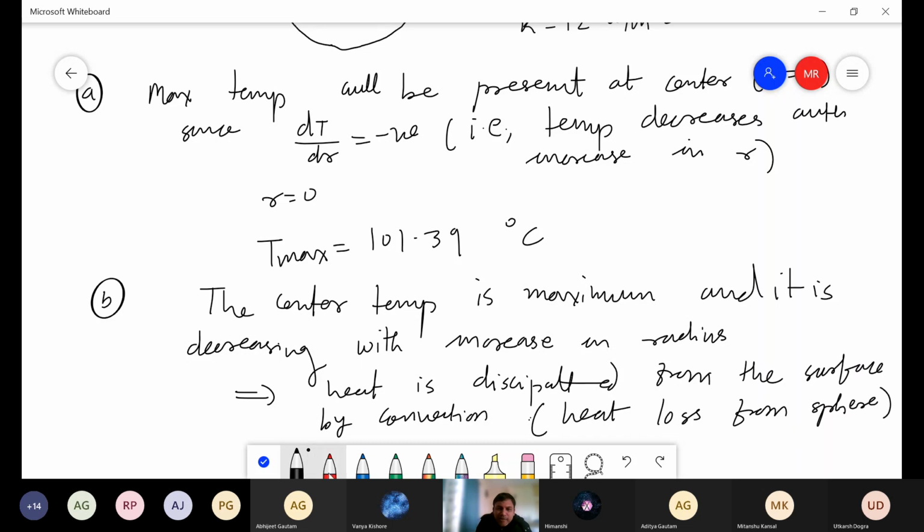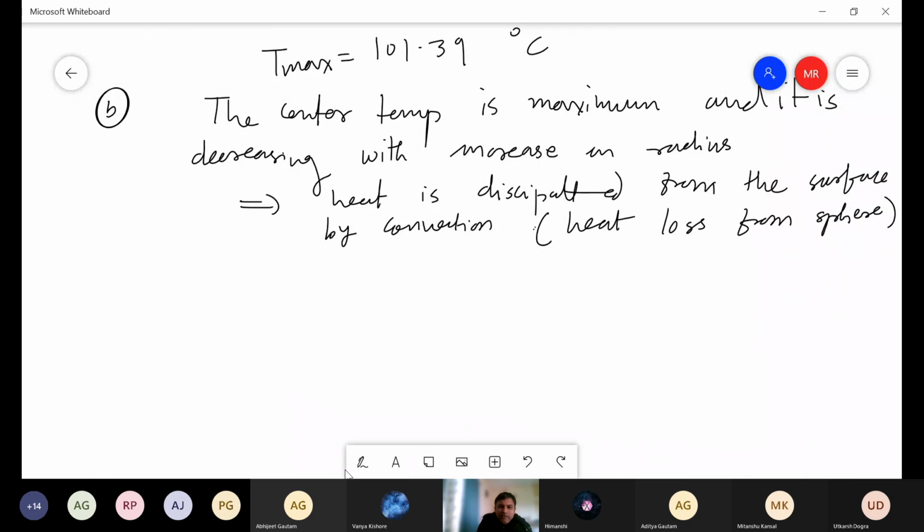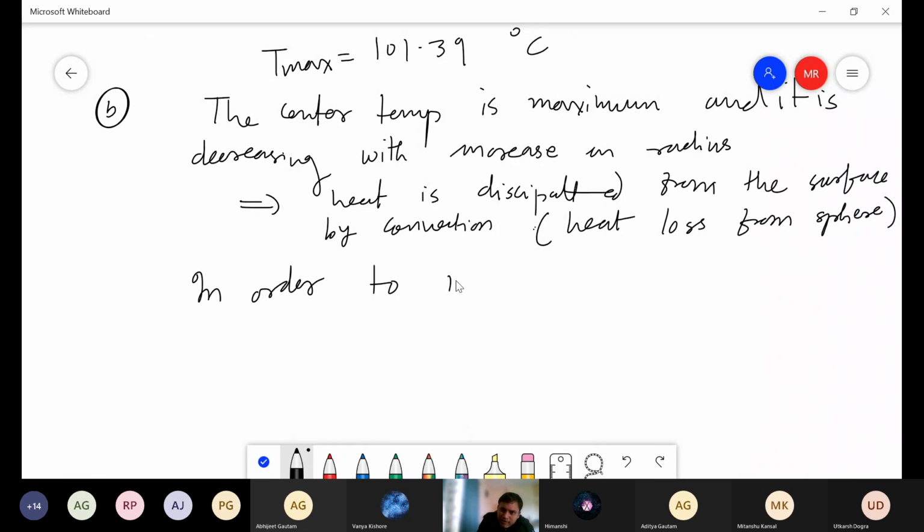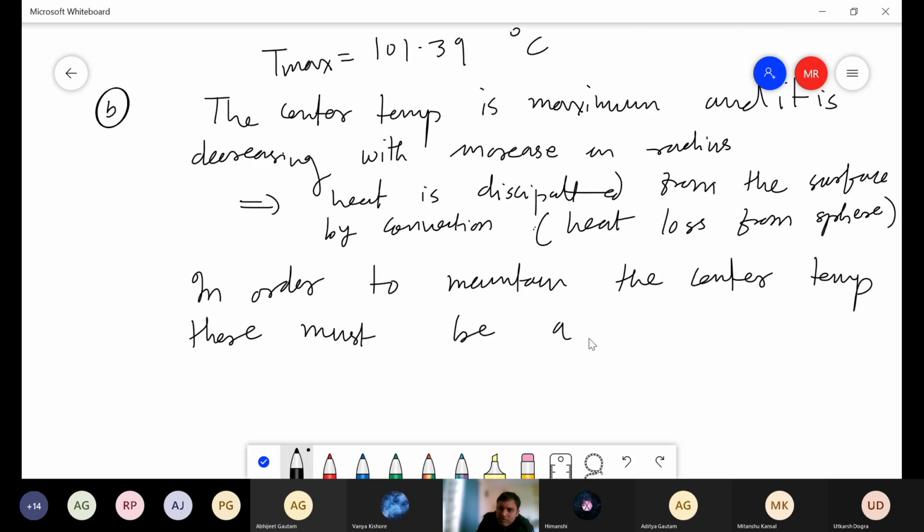In order to maintain the center temperature, there must be a heat generation source in the sphere. Do you all agree with this reasoning? Yes, sir.